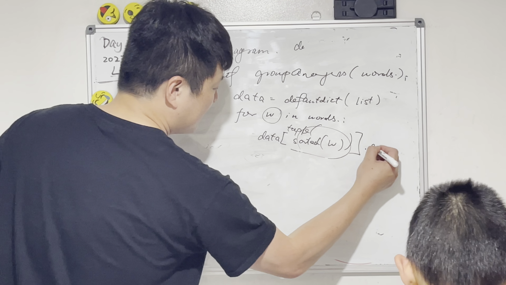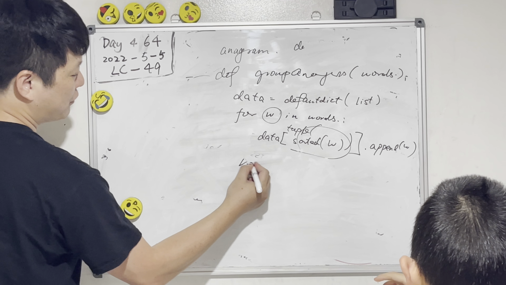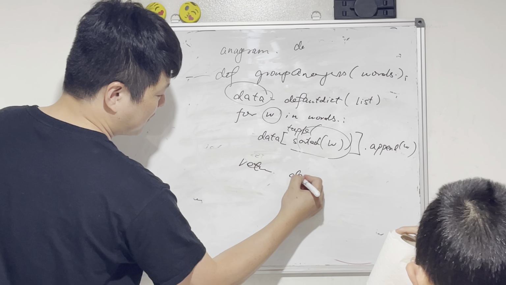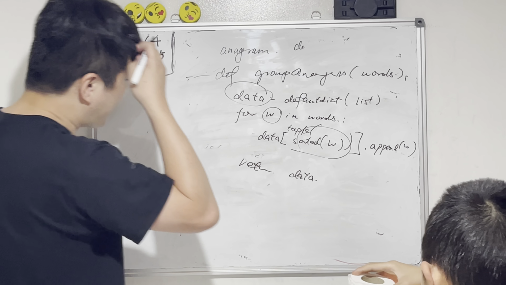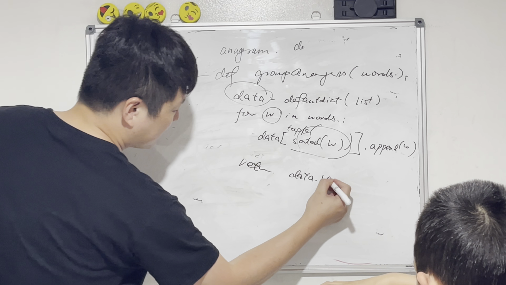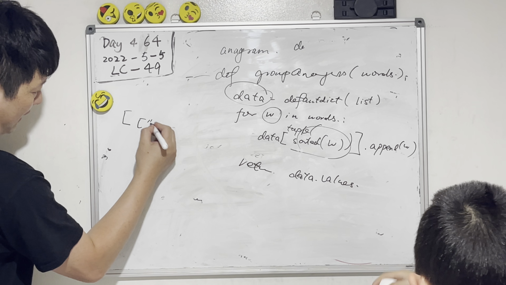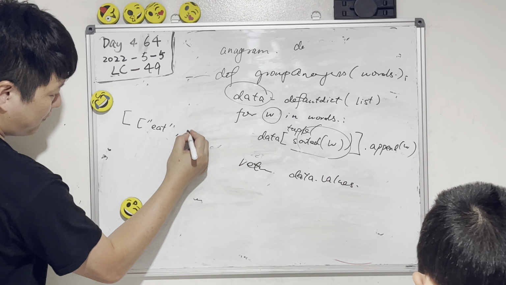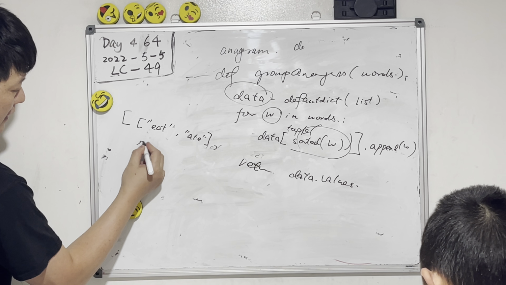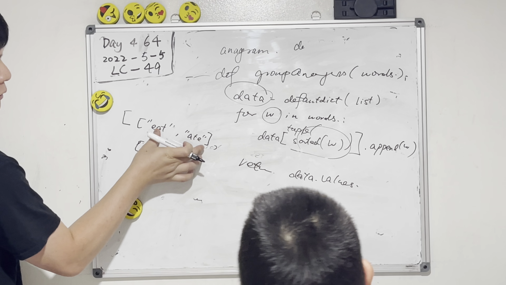Then append w, and we just need to return data.values. What's data.values? It will be something like EAT, ATE, and so on: a list of anagrams, where each sublist is a group.